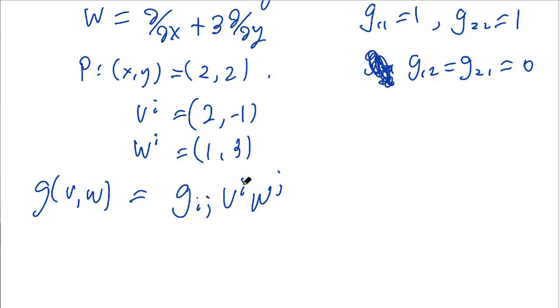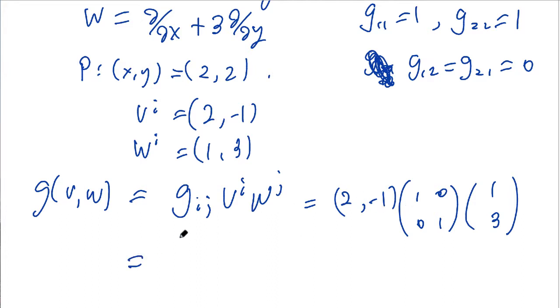Now there's a double sum over i as well as j. If you carry out this double sum, you'll see that it's the same thing that we obtain by thinking of this as a matrix or a linear algebra calculation. So we have v times g_ij written as a matrix times w.